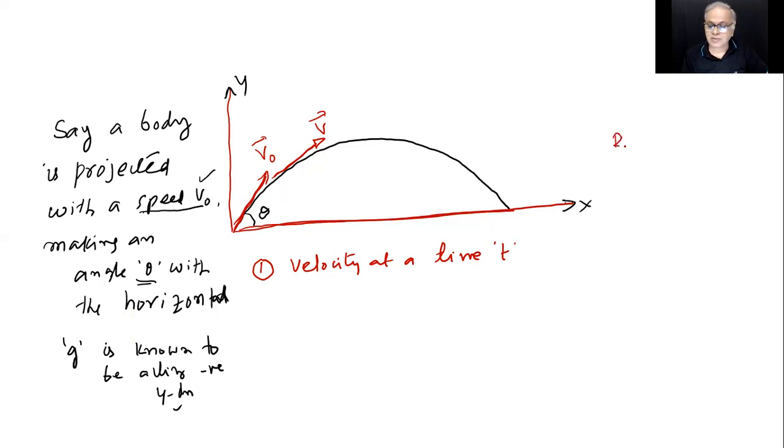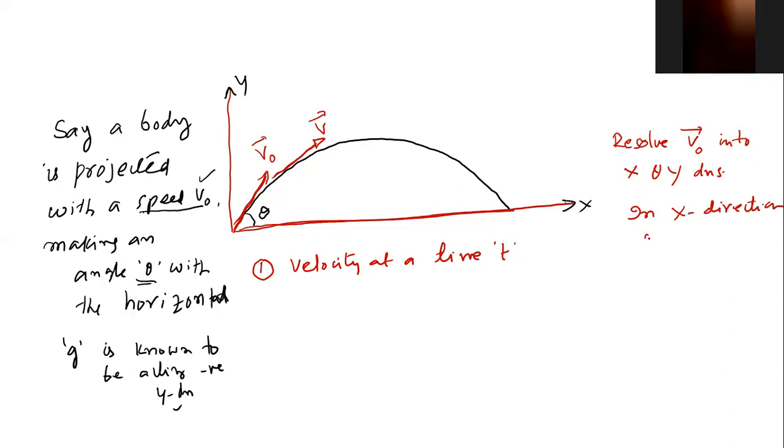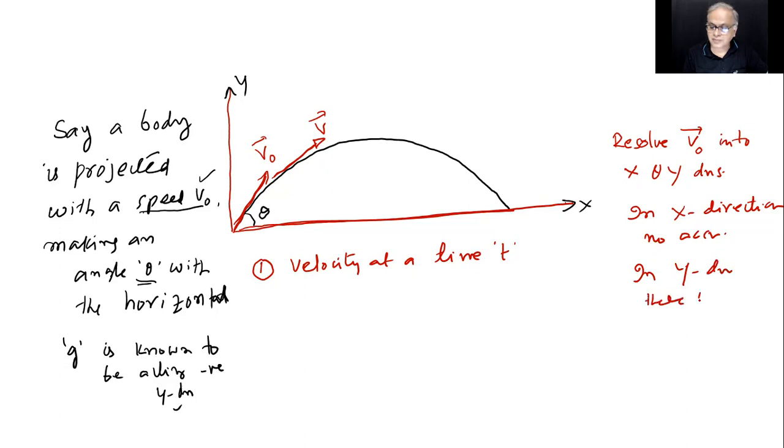So resolve initial velocity into x and y directions. And in x direction, no acceleration, isn't it? And in y direction, there is acceleration. There is g. So apply equations of kinematics in both the directions separately. This is a technique.